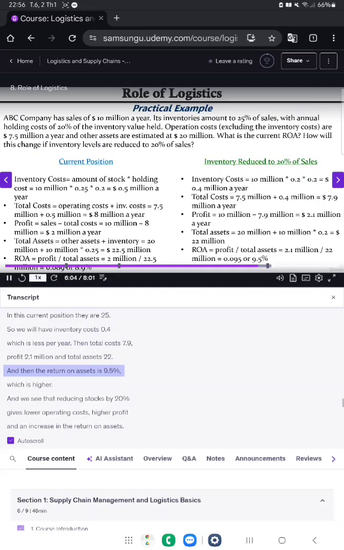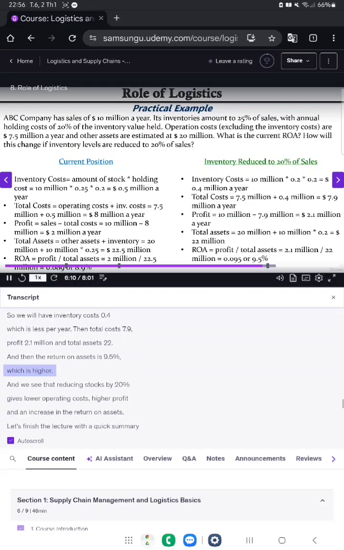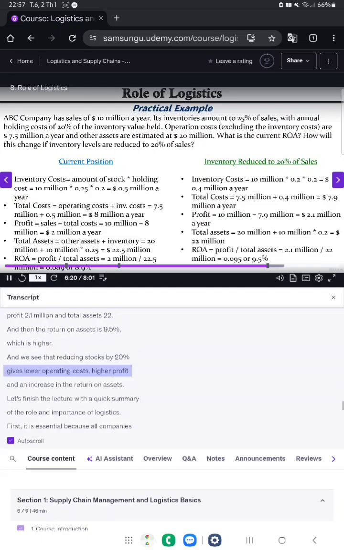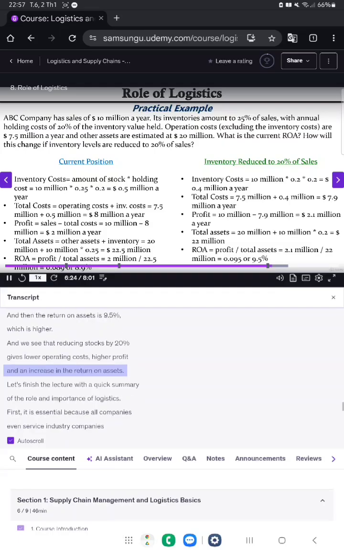And then the return on assets is 9.5%, which is higher, and we see that reducing stocks by 20% gives lower operating costs, higher profit and an increase in return on assets.